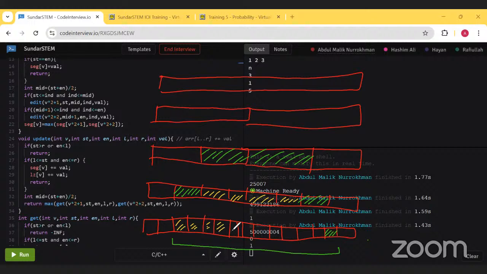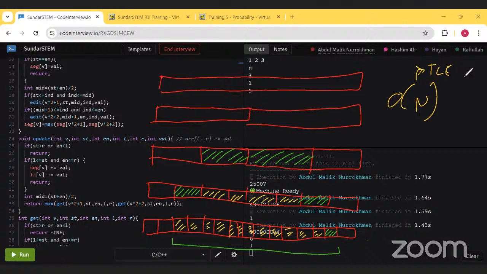All of them are changing, right? So if we directly update all of them, then the complexity will be O(n), and it will cause time limit exceeded for some problems, if the constraint is large.